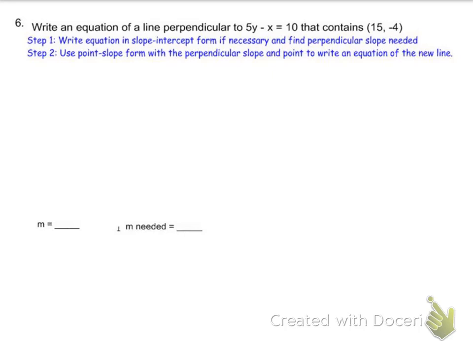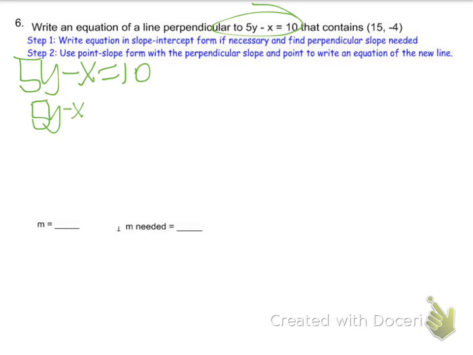Alright, now it says write an equation of a line perpendicular to 5y minus x equals 10 that contains the point 15, -4. So once again, we need to find the slope of this line. That's where we always need to start, is finding that slope. So here, it's not in slope-intercept form. We're going to get it in slope-intercept form.